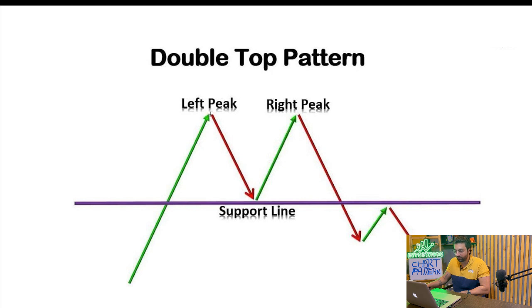After going up, there is some resistance, which we can call resistance 1 or the left peak, R1. From there the market goes down, but the market gets a support. So we can say that this is a support line or the neckline, and from this neckline the market gets a push upward.